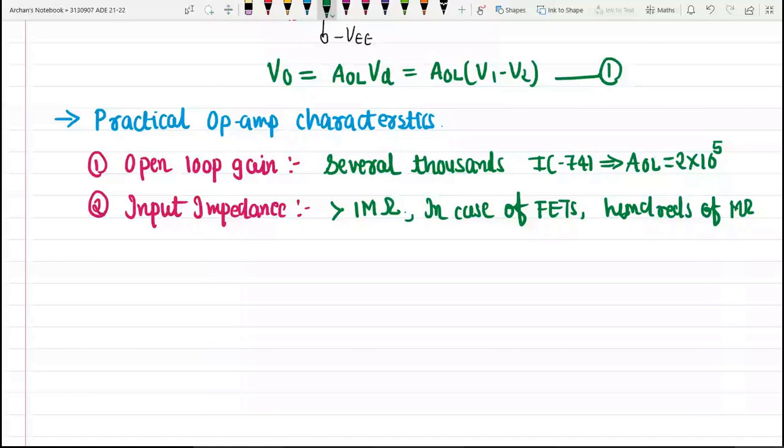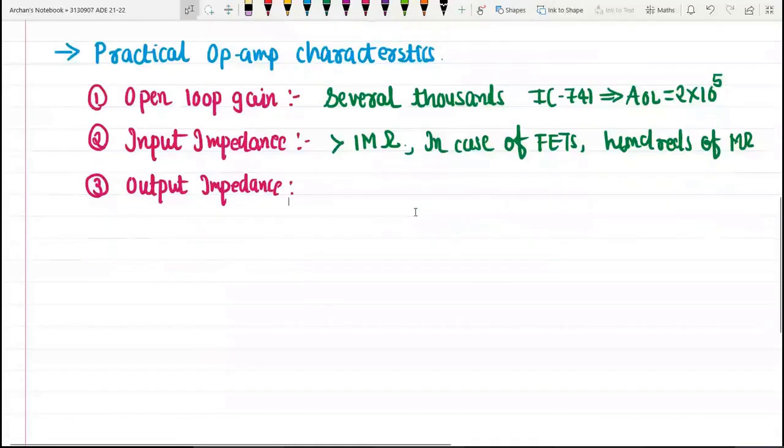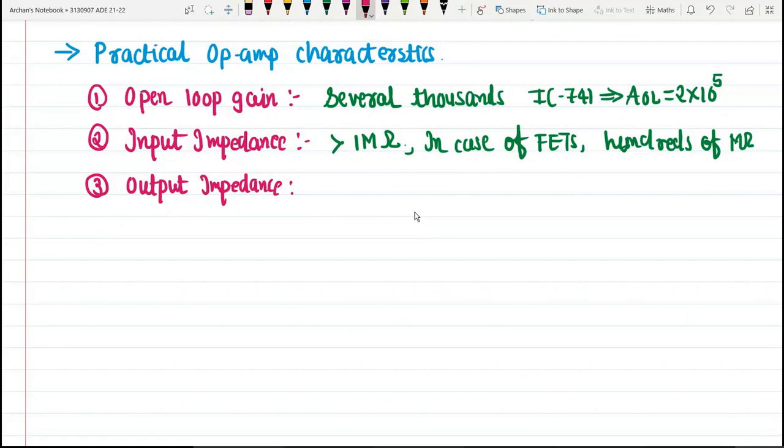Now talking about the output impedance. Output impedance was 0 in the case of the ideal op-amp, but as we know, this is not the case with the practical op-amp. Typically the value of output impedance is a few hundred ohms. If we use negative feedback, we will see what we mean by feedback and what the difference is between positive feedback and negative feedback.